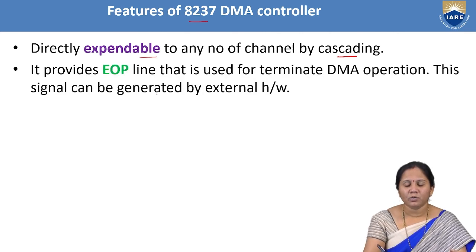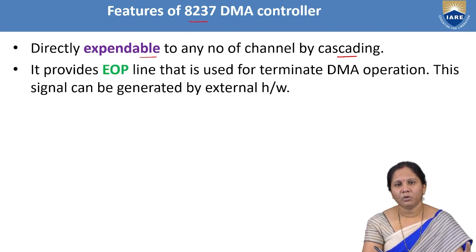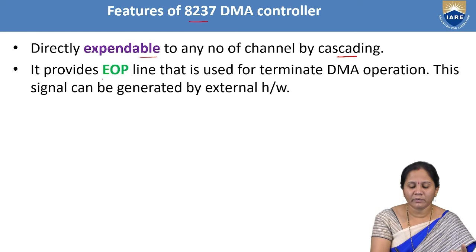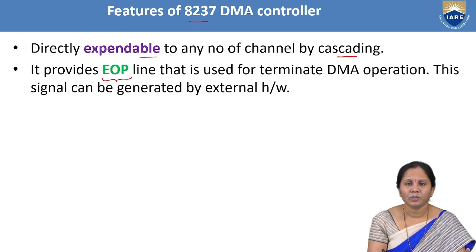Just now we have discussed the pin configuration of 8257 DMA controller. All the pins will be the same in 8237 DMA controller also, but one pin will be different. In this 8237 DMA controller, we can see one new pin which is called EOP. EOP represents end of process.